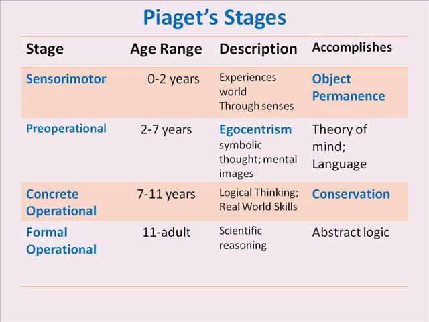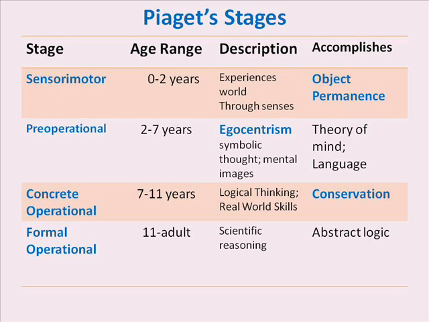During the school years, 6 or 7 through 11 years, the child is in the stage of concrete operational development. Their thinking now becomes logical, in particular in reference to concrete, real-world situations and skills. They develop the idea of conservation, the notion that if you don't add or subtract something, what you're visualizing or counting remains the same.